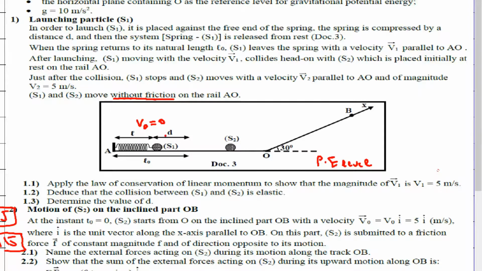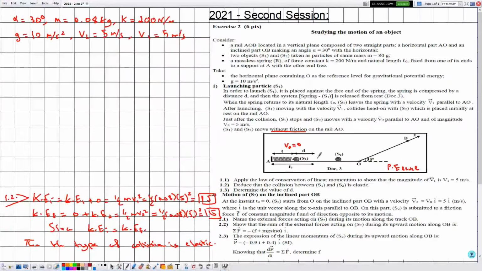And now because we know the speed of S1 when the spring is at its free length, we know the value of the kinetic energy, which is actually the value of the mechanical energy, and we can apply the principle of conservation of mechanical energy between A and O since there is no friction. In this case, the elastic potential energy of the spring is completely converted into kinetic energy.